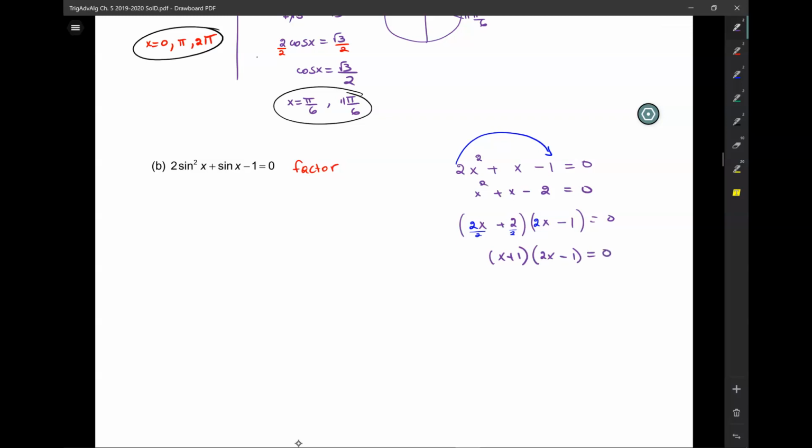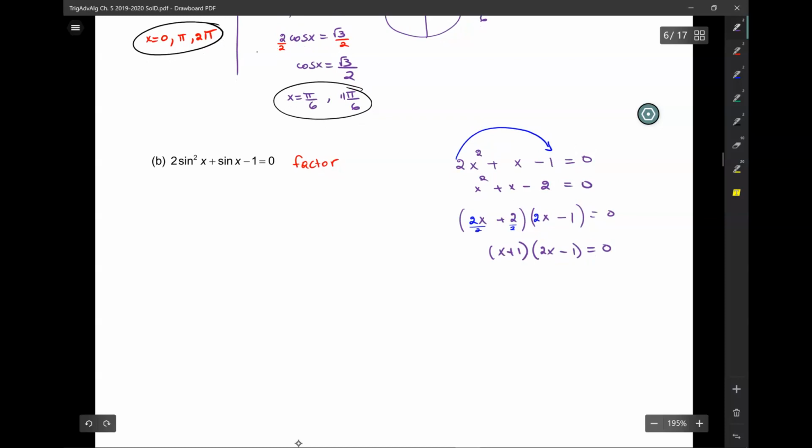If your preferred method of factoring is like guess and check, then do guess and check. The point here, I'm not teaching you how to factor. I'm just reminding you how we factor, and now we're going to use that for that same process there. So, you see how we got x plus 1 and 2x minus 1? That sine equation factors in the same way, but instead of x's, I have sines.